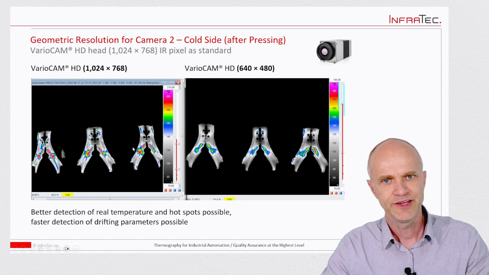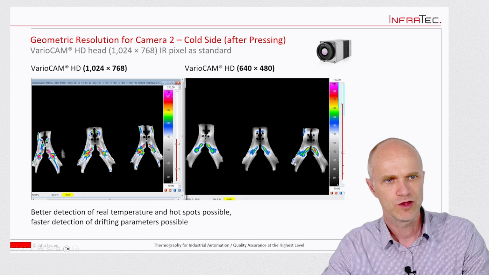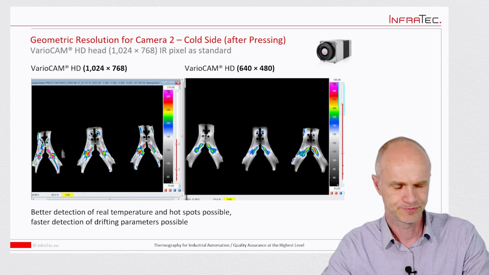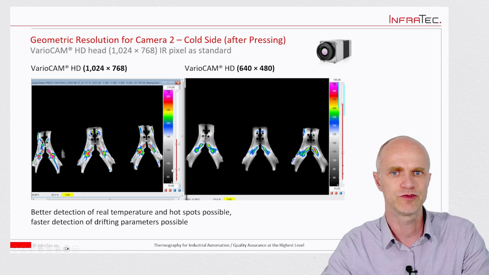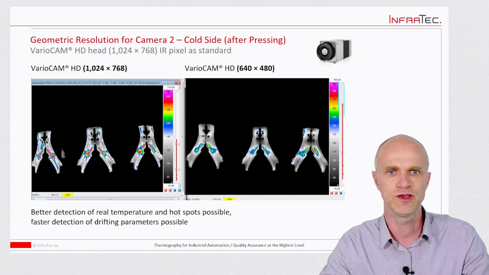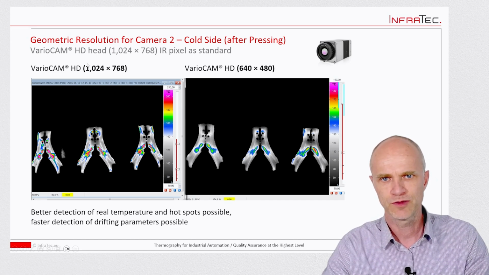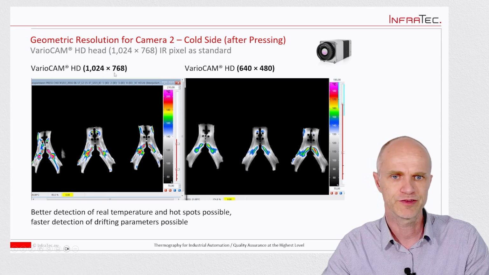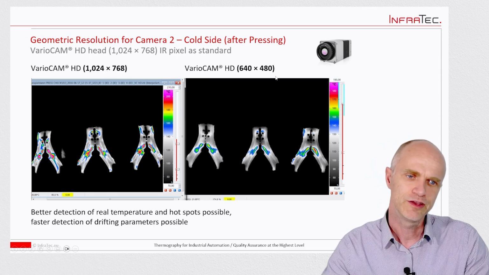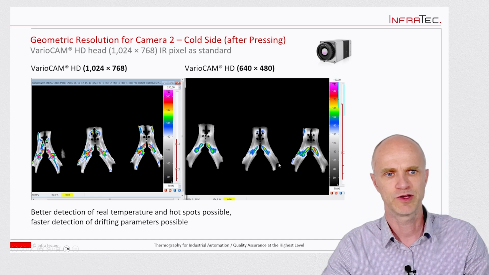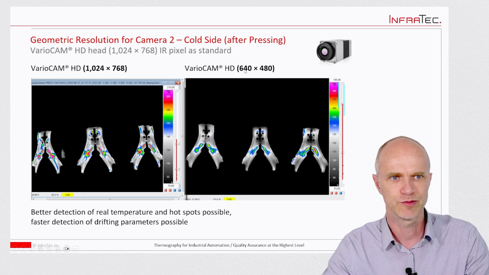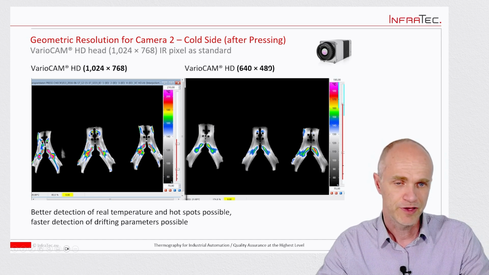Another sample here, why high resolution makes a big difference. You see on the left side, the high resolution with the VarioCam HD in XGA resolution, 1024 pixels by 768 pixels. In difference to this, on the right side, a typical VGA resolution, 640 by 480 pixels.